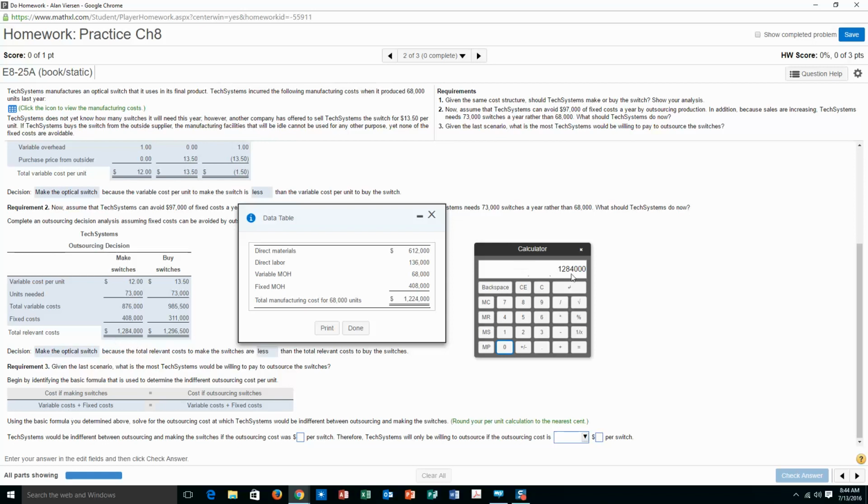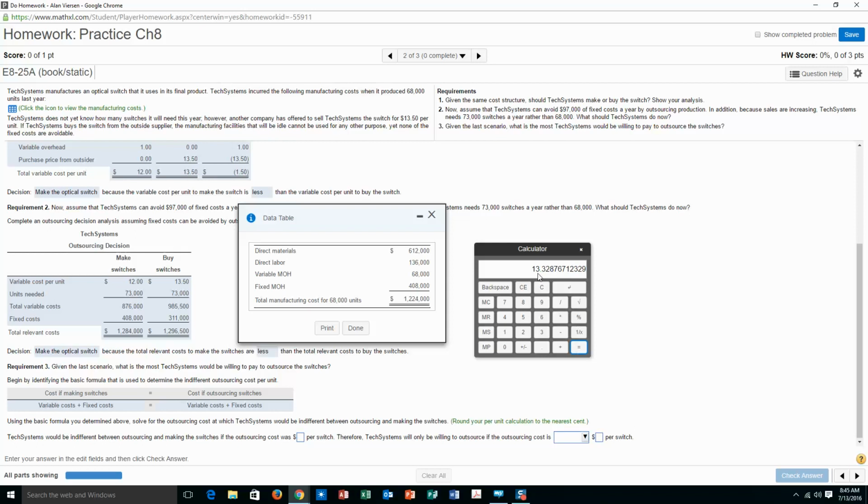So I have $1,284,000. Now the fixed cost, if I buy it, is going to be a total of $311,000. So the variable cost can be $973,000, and that's going to be for 73,000 of these switches.